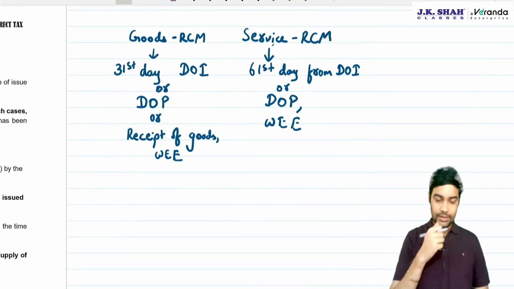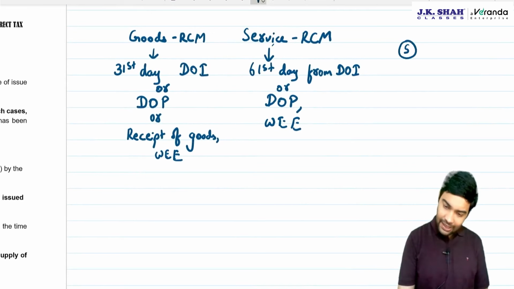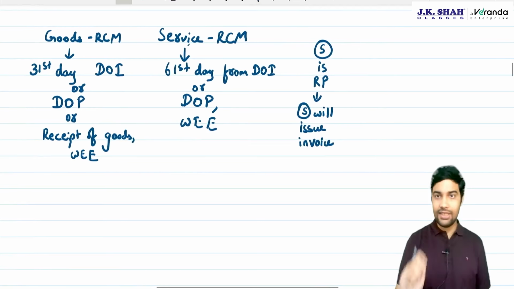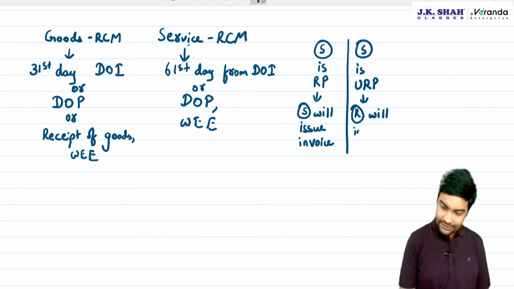What was the problem, sir? The problem was, see, if supplier is a registered person, then supplier will issue the invoice. Even if it is an RCM case, if supplier is a registered person, then supplier will issue the invoice. If supplier is an unregistered person, then the law said recipient will issue a self invoice.